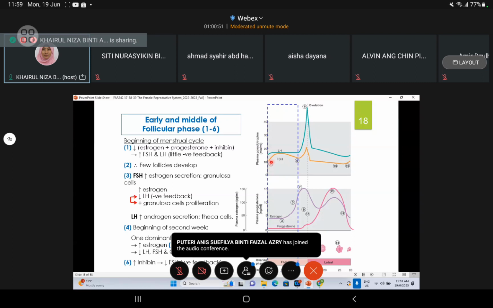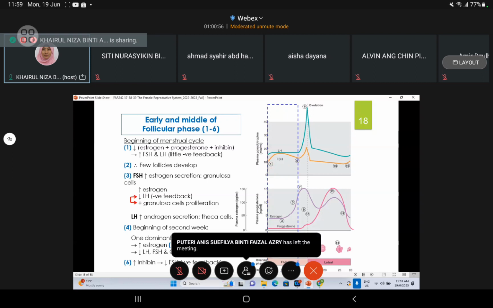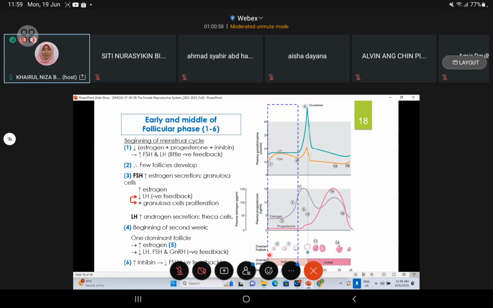FSH then goes on to act upon the ovarian follicles. Once the ovarian follicle starts to develop, it also starts to secrete estrogen.